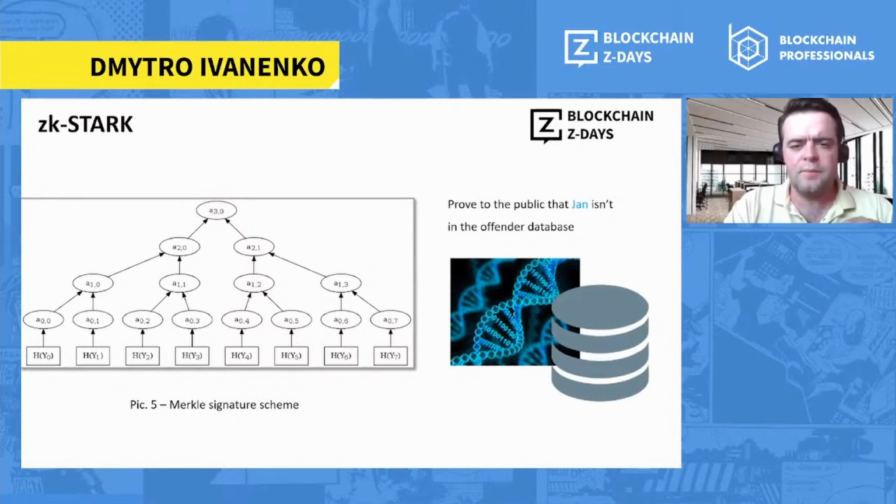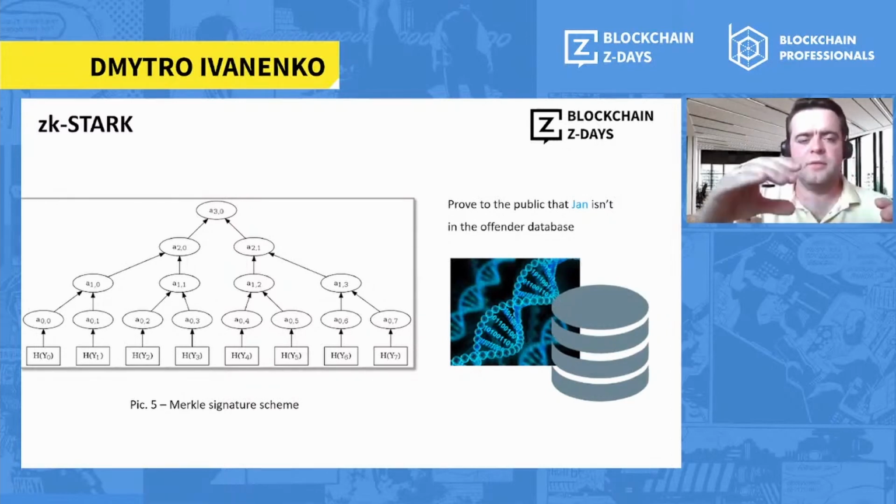The first step is that I need to generate a key pair. Next, you need a computation, maybe a specific computation for this. I need to compute a hash from this private key, and it's the first layer on this picture.